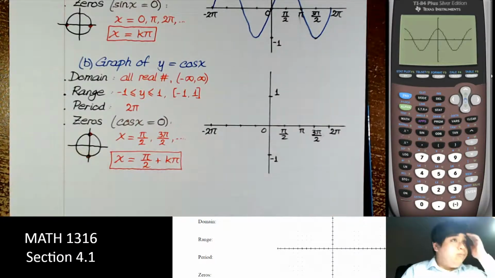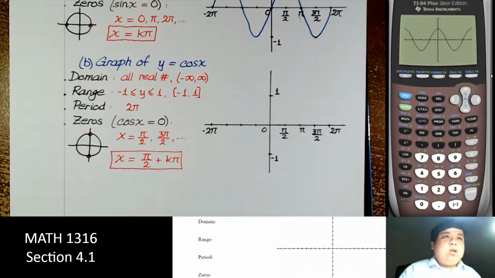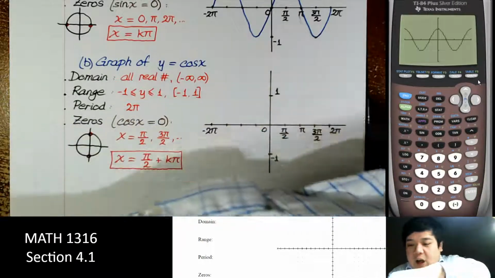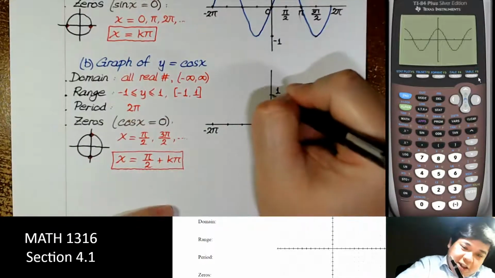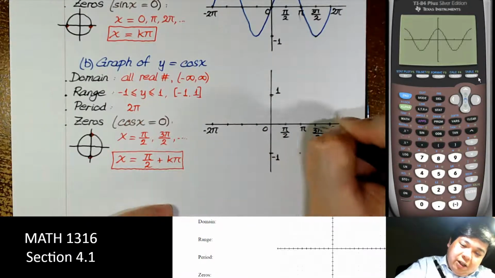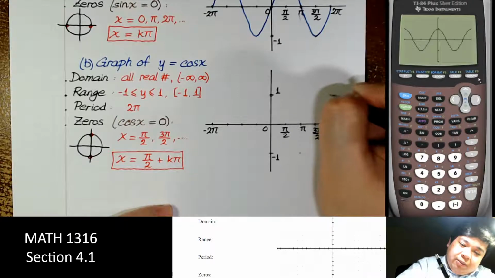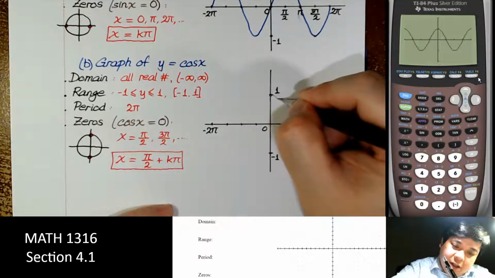The y values are between -1 and 1. So the sine and cosine look the same. The only thing different is that on the cosine we start with 1 and then 0, -1, 0, and 1. So let's just get a little sketch here.